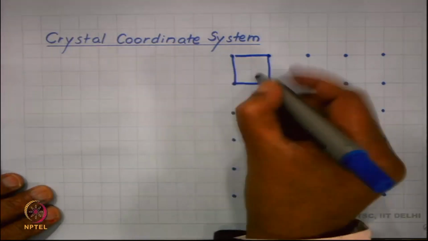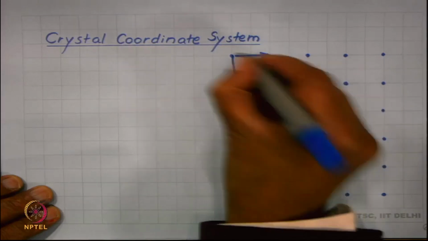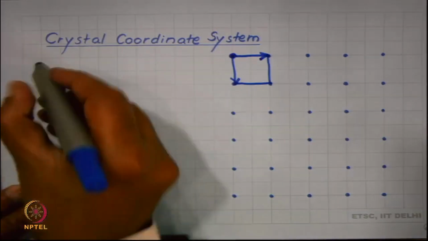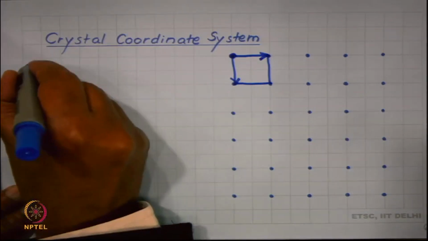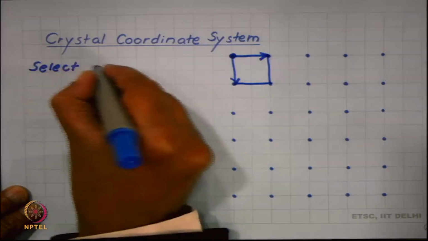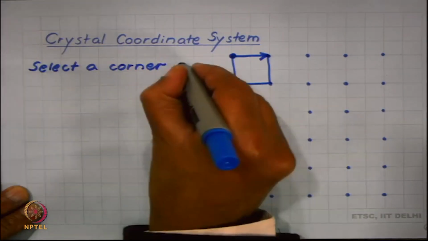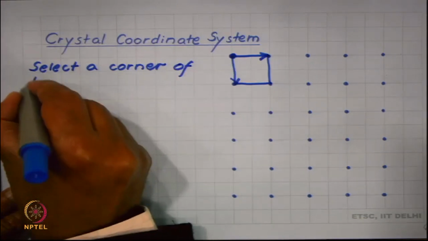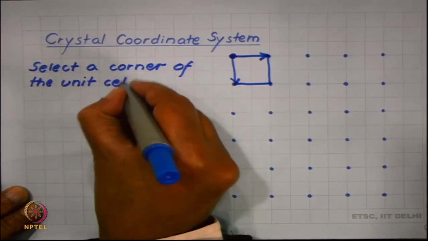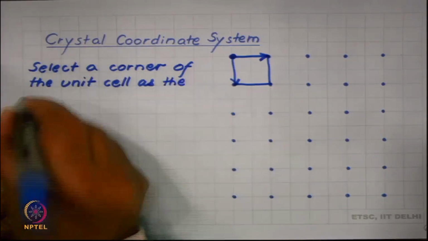So, the unit cell itself, a parallelogram or parallelepiped unit cell, is defined by the vectors along its edges. So, select a corner of the unit cell as the origin.